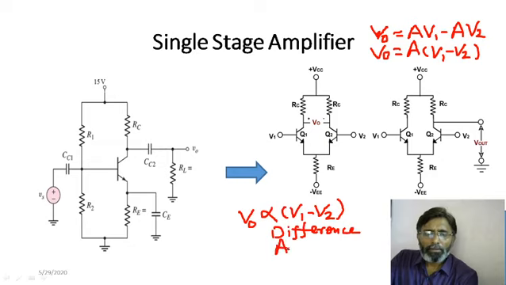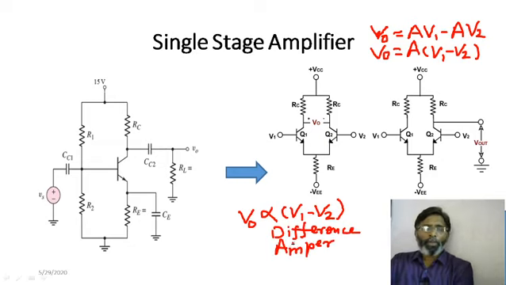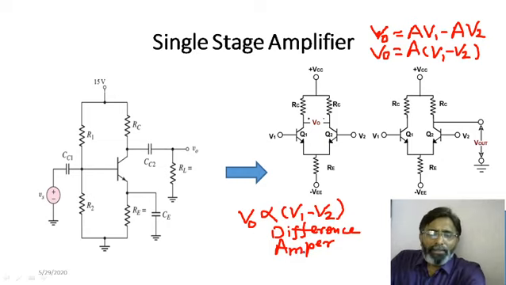This is known as difference amplifier. Okay. Now, this difference amplifier has different types. If in the difference amplifier I am having two inputs V1 and V2, then it is known as dual input differential amplifier.